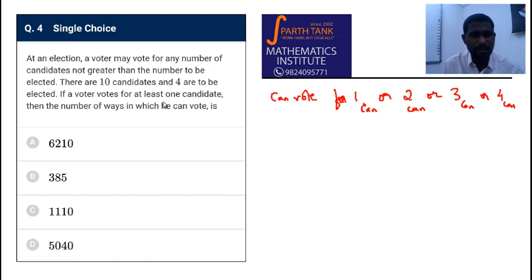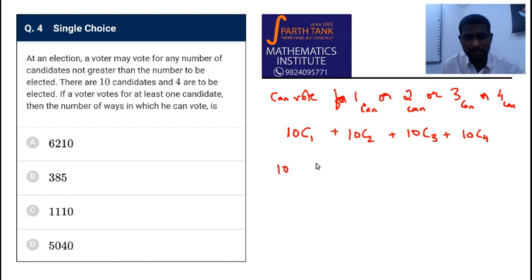And since I have said at least one candidate, we have 1 or greater than 1, which is 1 candidate, 2 candidates, 3 or 4. So in how many ways can he vote for one candidate? From 10 candidates he has to choose 1, or he has to choose 2 from 10, or he has to choose 3 from 10, or he has to choose 4 from 10.